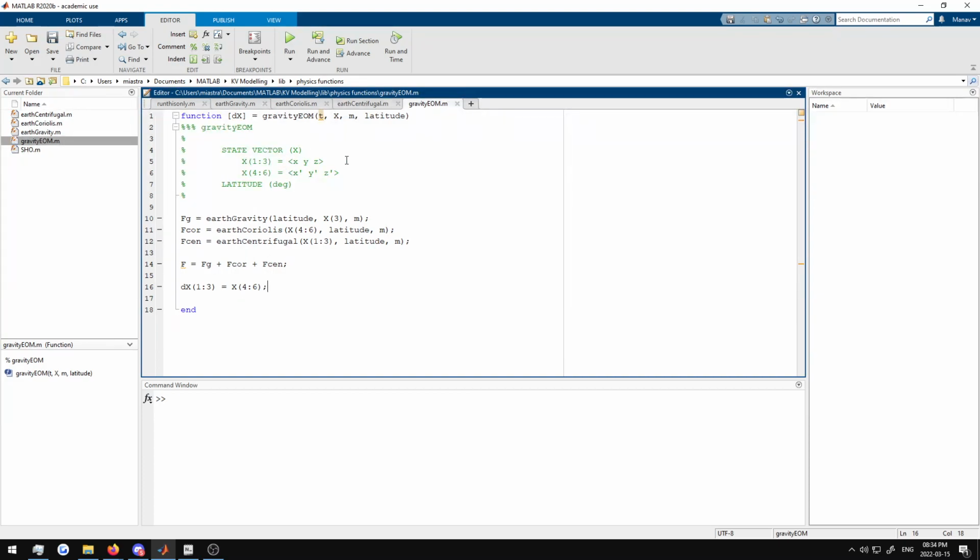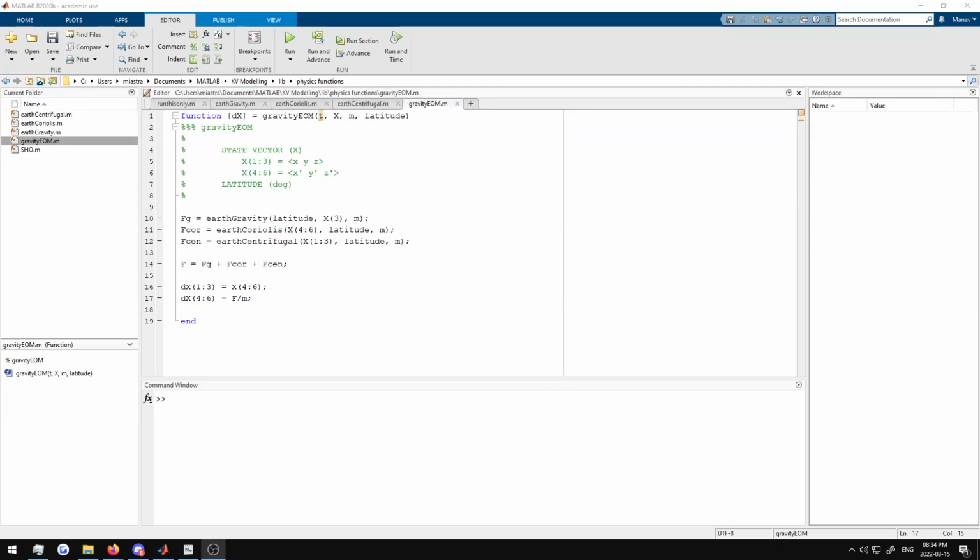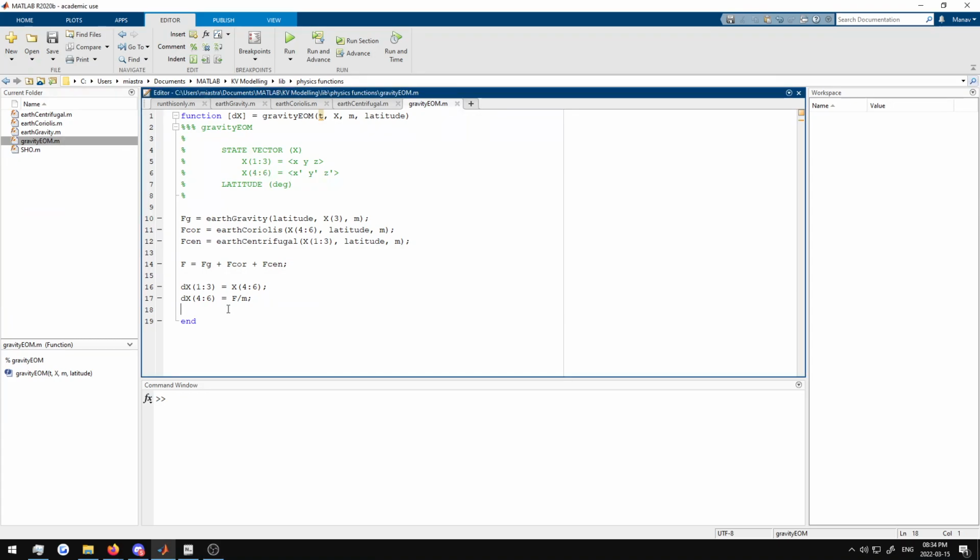The derivative of x, y, z is these three right here. And then finally we have the derivative of the next few terms, and this is going to be the force vector divided by the mass. We'll add in friction later. I think this video is already at like 40 minutes long. I'll add it into the last 10 minutes, not now.